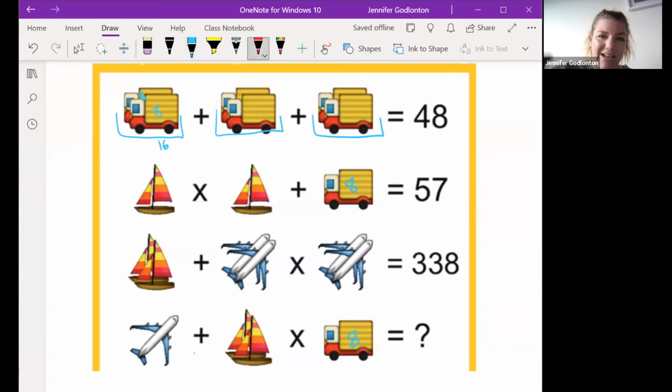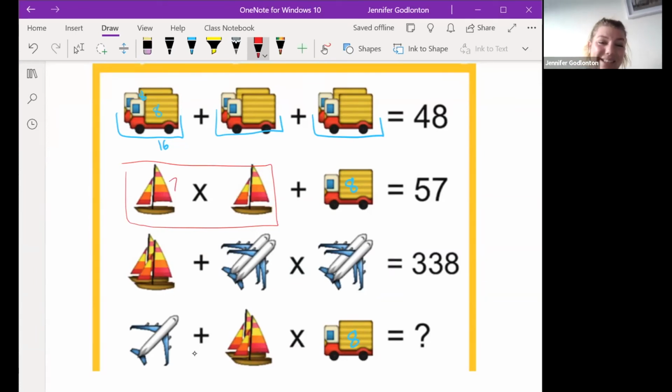If we know that that truck is 8, then what are these ships going to be? What times what plus 8 is going to give us 57? So then what are the ships going to be equal to? Seven, yes, Karen.